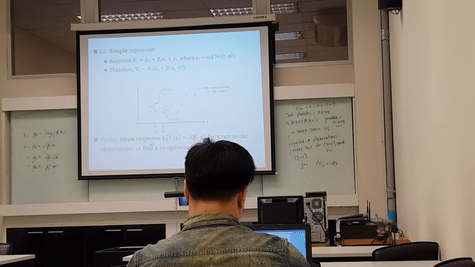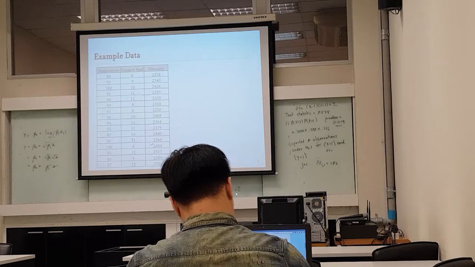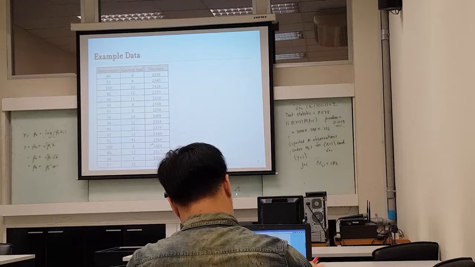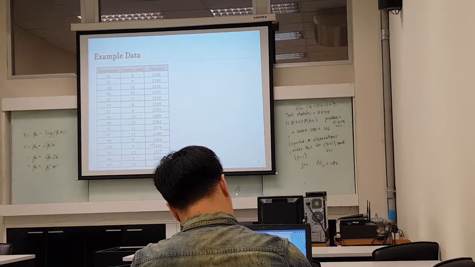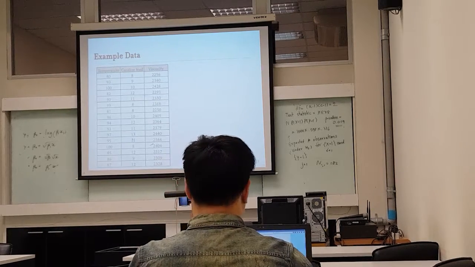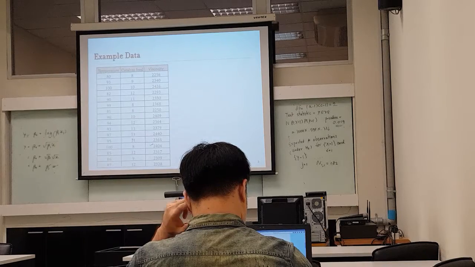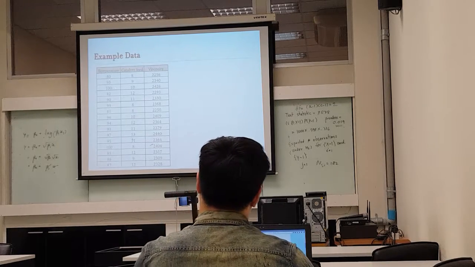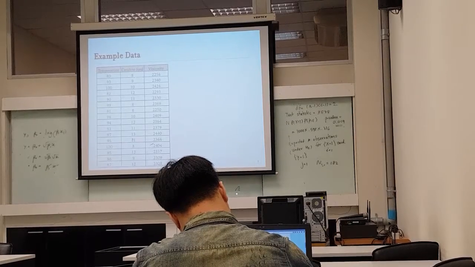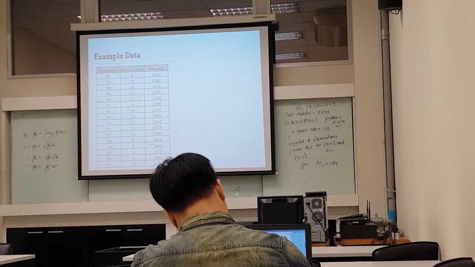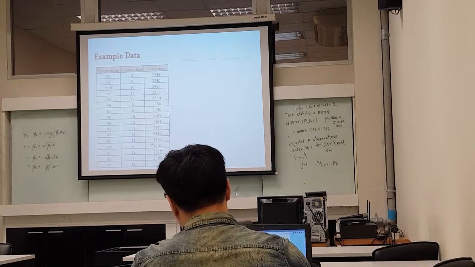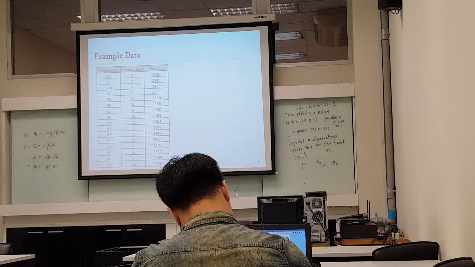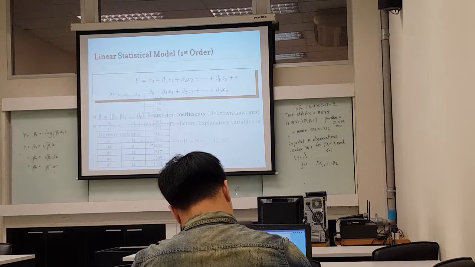If you look at this data set, these are y1, x11, x12, then y2, x21, and y3 up to yn, and so on for the other predictors.